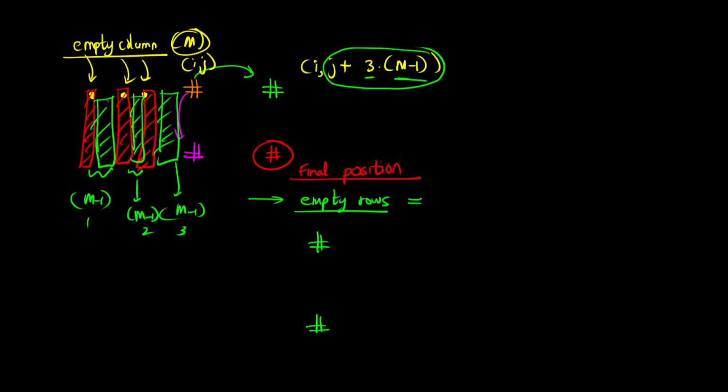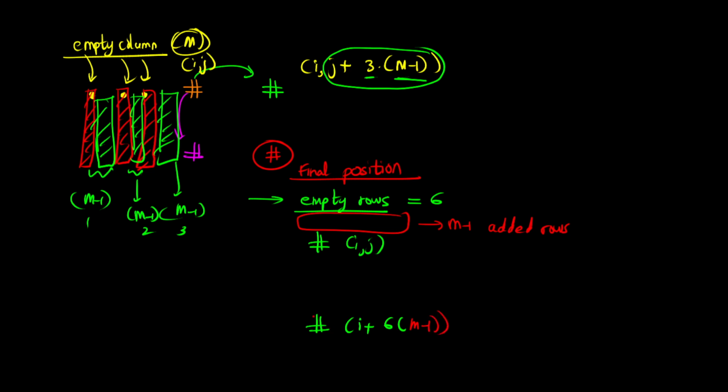Let's say this was 6. In that case, this I comma j would have transformed to I plus 6 times. Each empty row will add m minus 1 new empty rows. Hence the coordinate would be 6 times m minus 1.